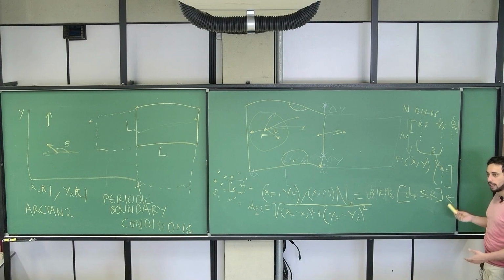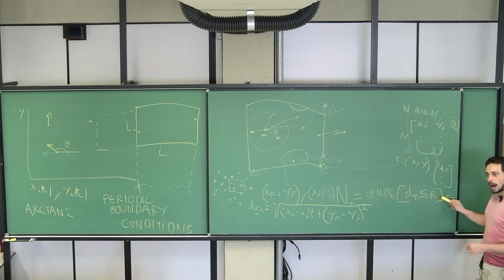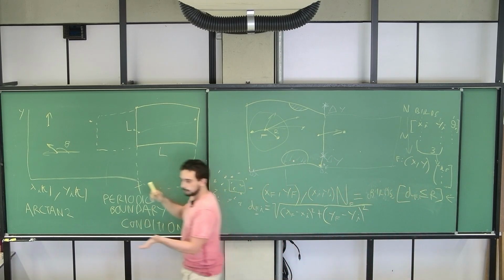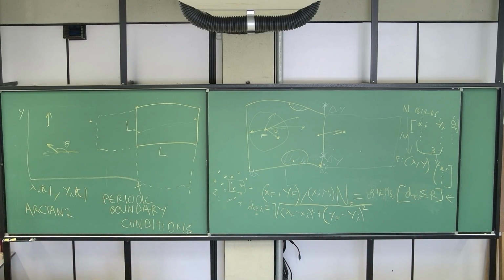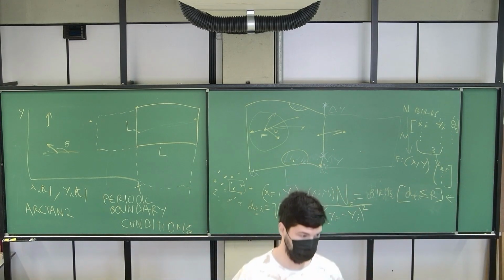You just say whomever is at distance fi less than r is the neighborhood, and therefore you have the list of the birds that are inside the neighborhood. Right? Okay, it's a bit more clear now. Okay, great. Thank you.